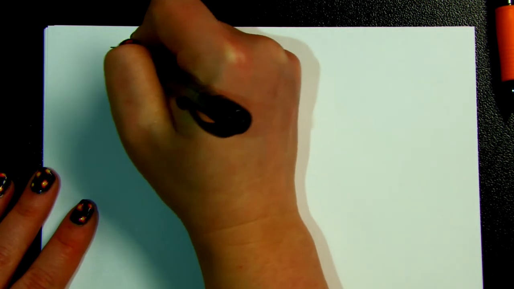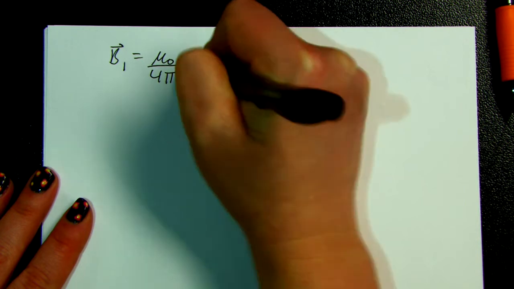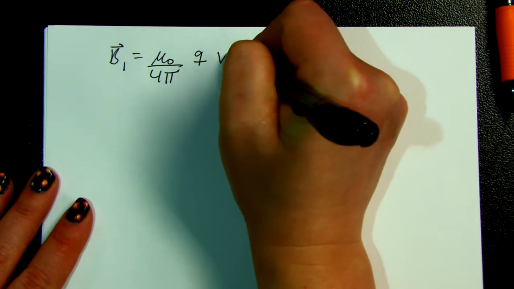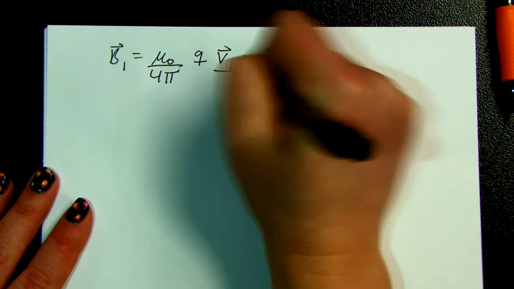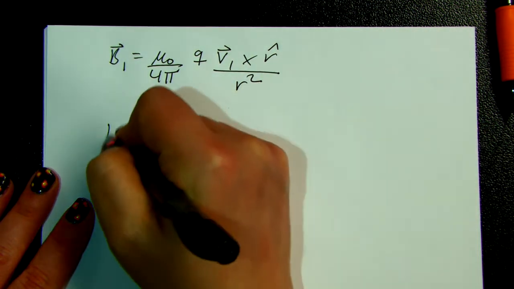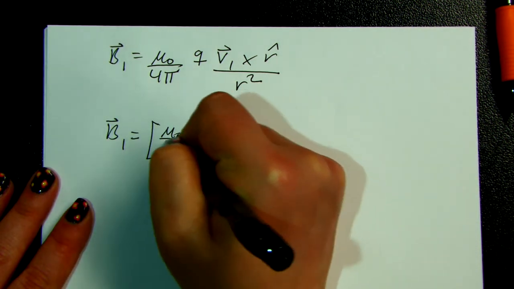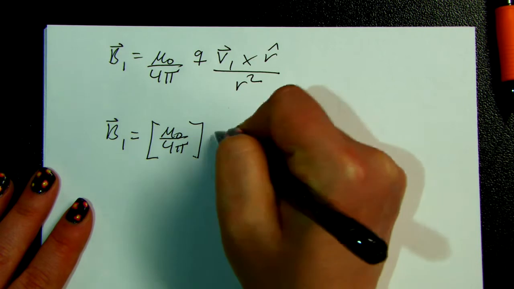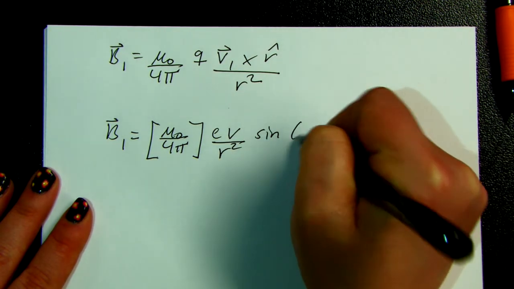But we know how to calculate magnetic fields due to particles. So B1 is equal to mu naught over 4 pi q1 v1 cross r hat divided by r squared. So B1 is equal to mu naught over 4 pi q v over r squared sine of 90 degrees.